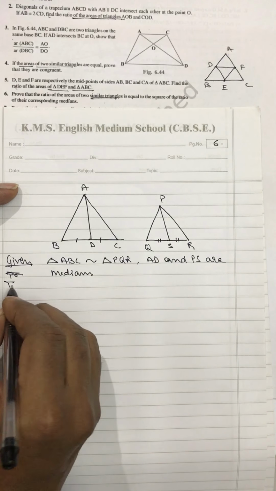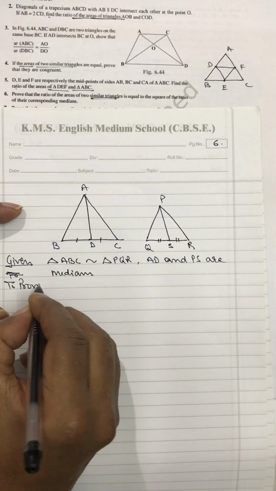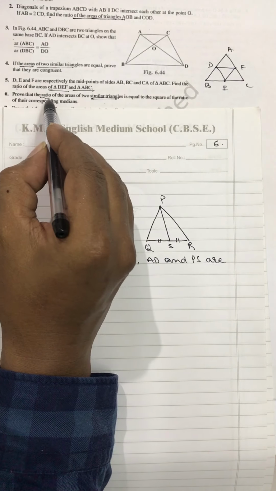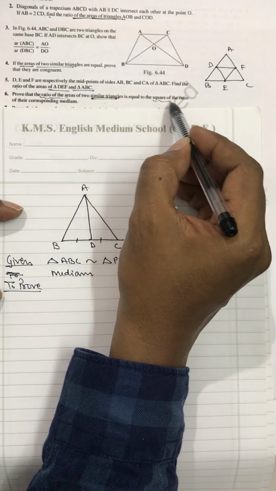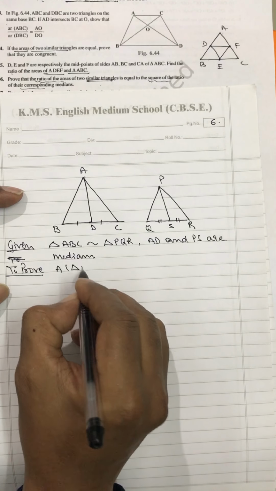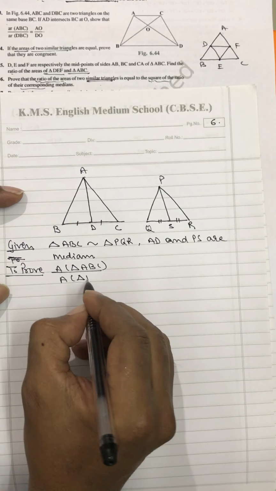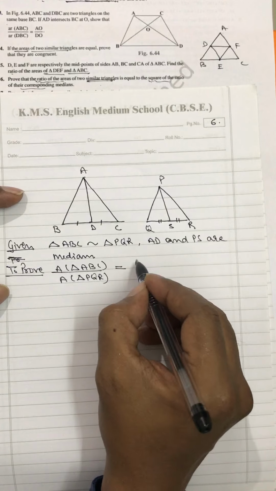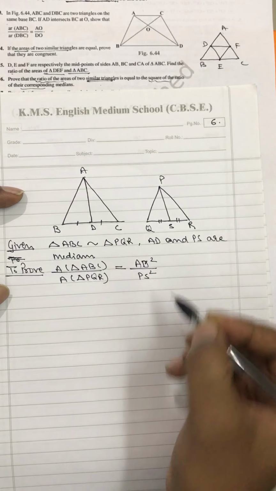And to prove: ratio of areas of similar triangles is equal to the square of the ratio of their corresponding medians. Means area of triangle ABC upon area of triangle PQR will be equal to AD square upon PS square.